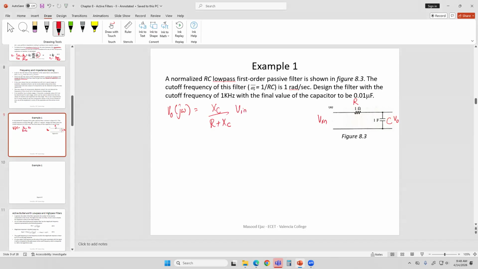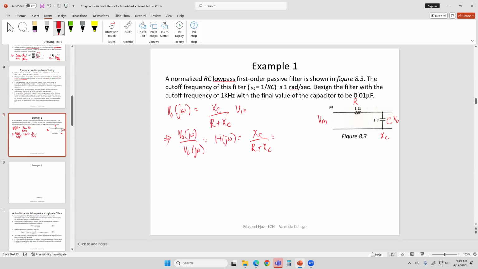XC, of course, is the reactance of this capacitor. So the transfer function, or the gain, which is output over input, is XC over R plus XC.